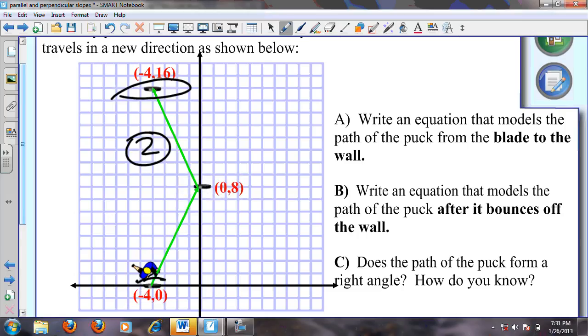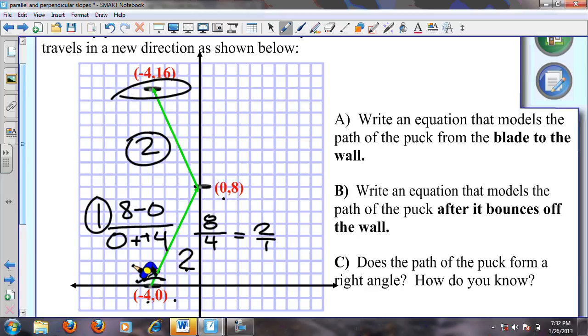For line 1, I'm going to choose to use my slope equation, which is y2 minus y1 over x2 minus x1. y2, 8, minus y1, 0, over x2, 0, minus x1, -4. 8 minus 0 is 8. 0 minus negative 4 is plus 4. So the slope of line 1 is 8 over 4, or 2.